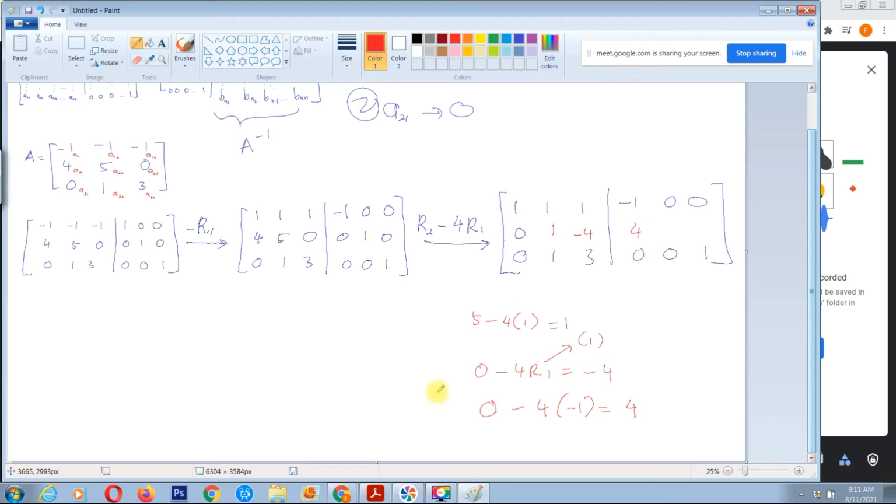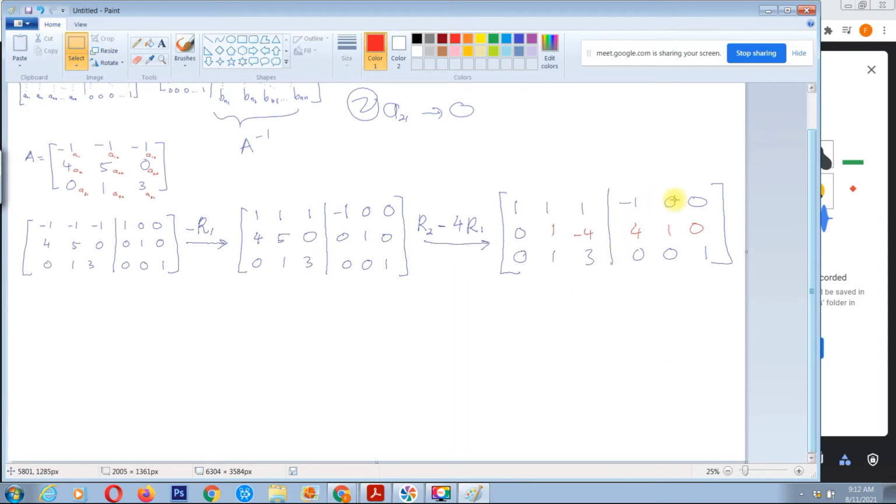Then R2 is 1, minus 4 R1 which is 0, so it equals 1. This is 0. Okay, settled for the first step and second step.